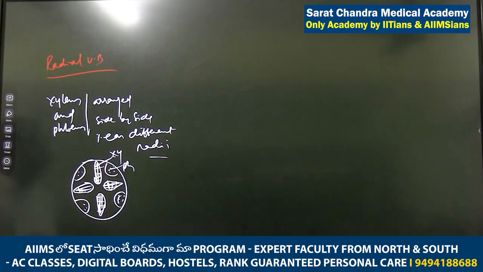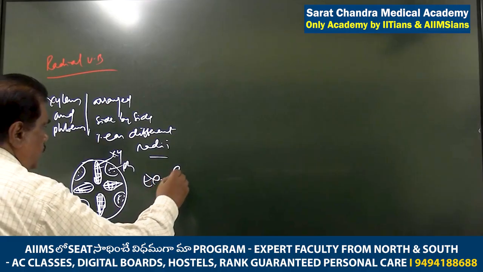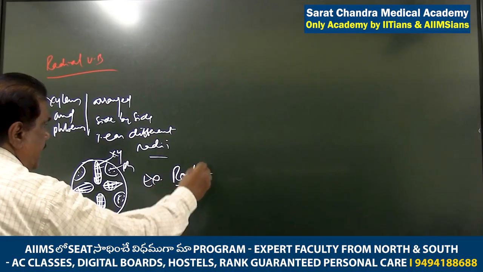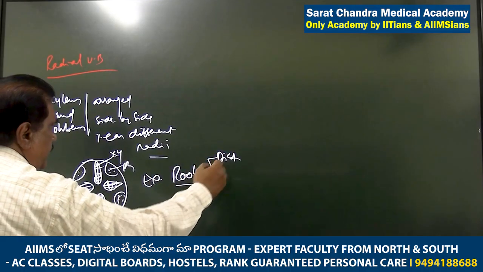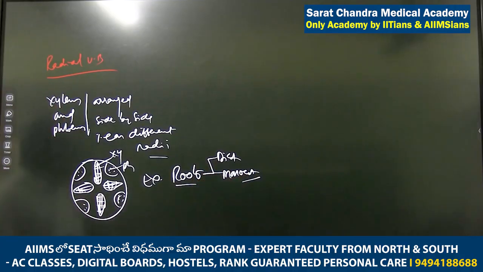So the phloem and xylem are arranged side by side, not on the same radius. So the radial vascular bundle is the characteristic feature of all roots. Both dicot and monocot roots have radial vascular bundles.